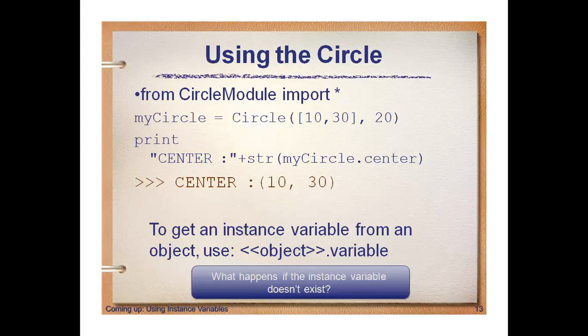My circle is equal to some object here, and what we simply want to do is print the center of our circle. How can we do that? We can simply print 10, 30 of it. We can have that instance here and get the result that the center of my circle is 10, 30, right?